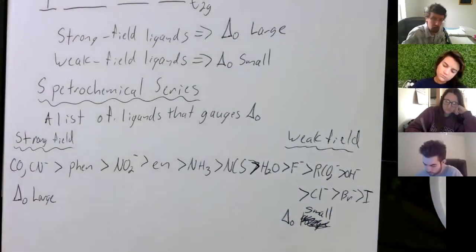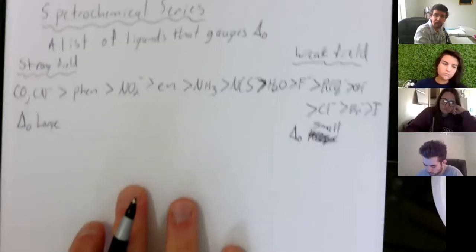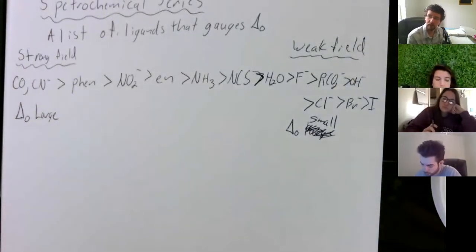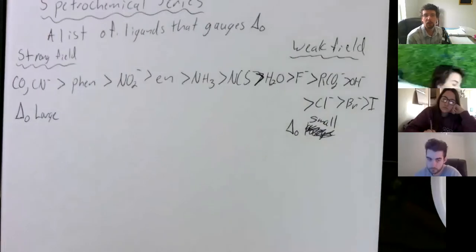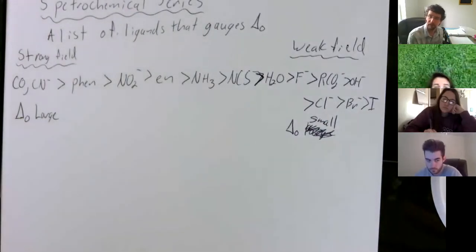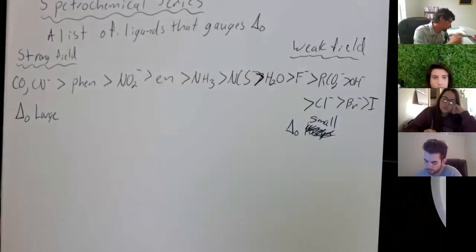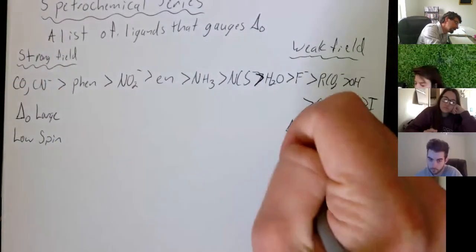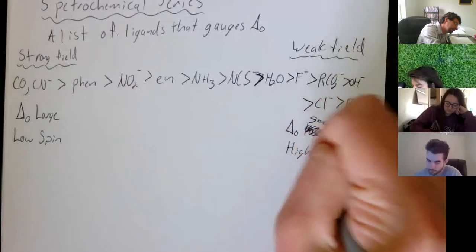So weak field, they're small. If you had to guess, what type of complex would you make, a high spin or a low spin complex with a large octahedral field splitting? Low spin. Yep. That leaves this guy as a high spin.